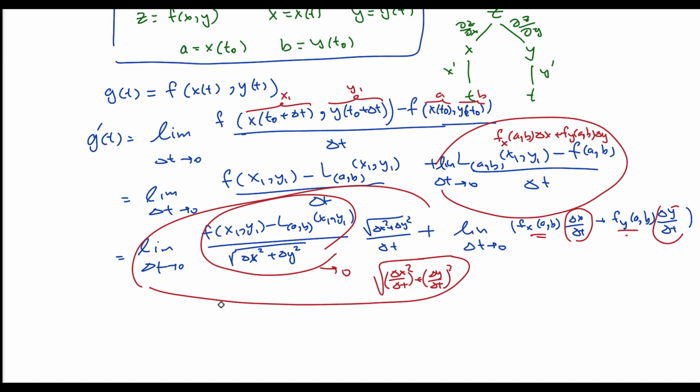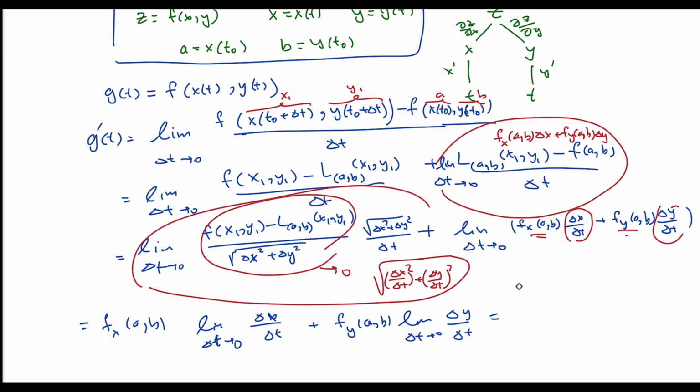And then what I'm ending up with is just the second part of the limit, which is the limit as delta t goes to 0, where I'm bringing f sub x of a and b out, delta x over delta t, plus bringing f sub y of a and b out, limit of delta y over delta t as delta t goes to 0.